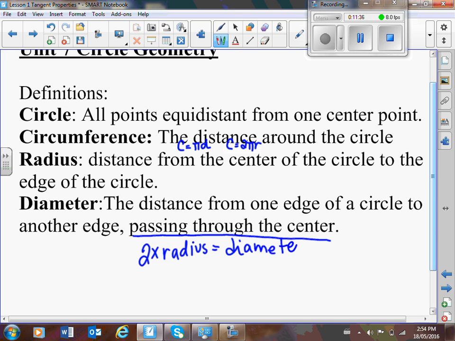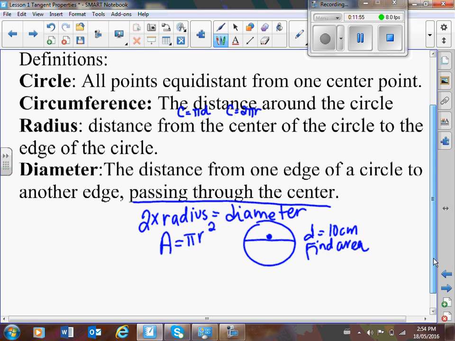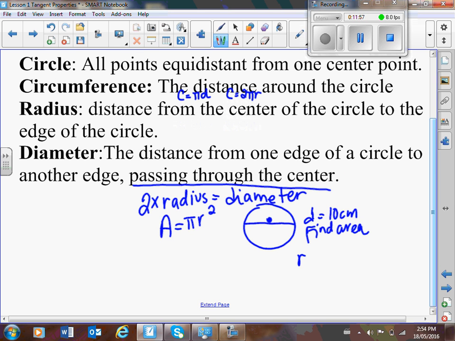Many times we use formulas like the formula for the area of a circle, pi r squared, for example. But we'll give you a circle and a diameter, and we'll say that diameter is 10 centimeters. Find the area. Your job is to know that the radius is then 5 centimeters.